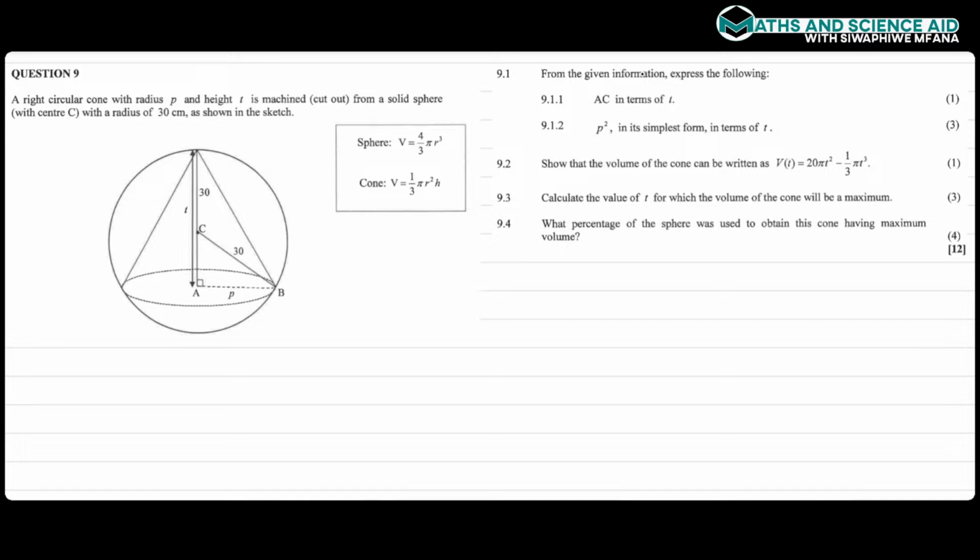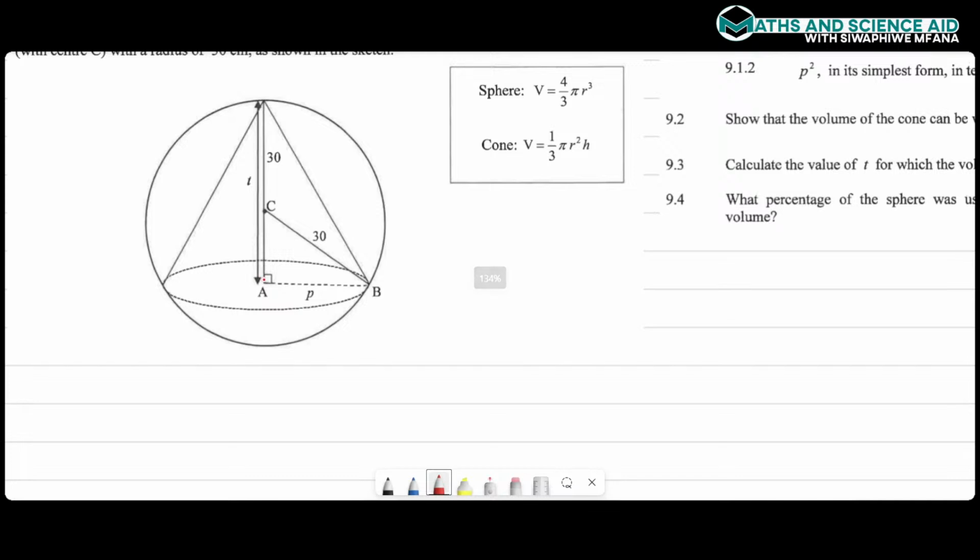From the given information, express the following. Firstly, we need to express AC in terms of T. So AC, if we go back into this diagram, as you can see, this is AC. T is the perpendicular height from A to the top of that cone.